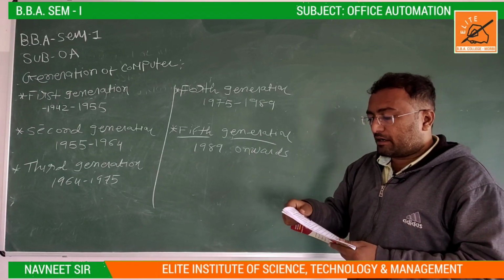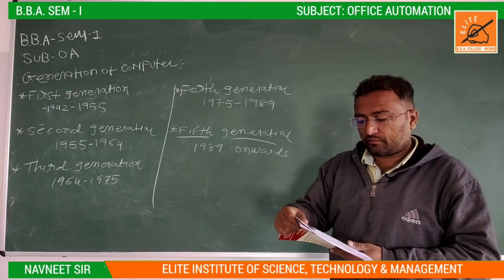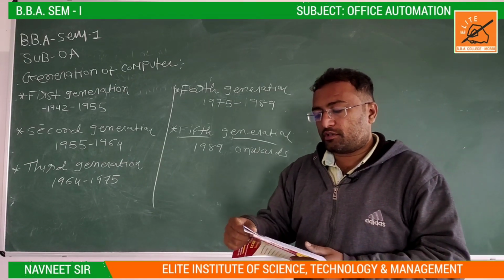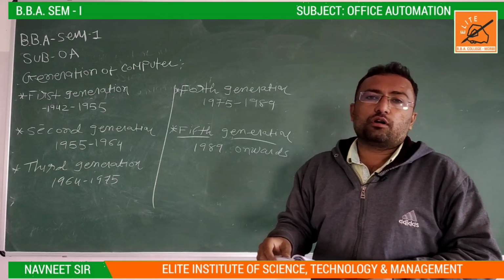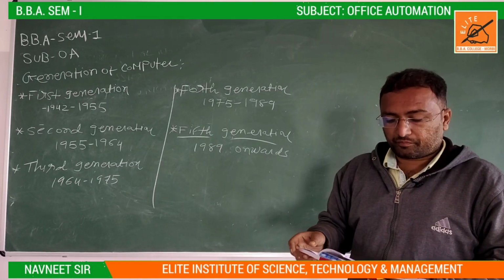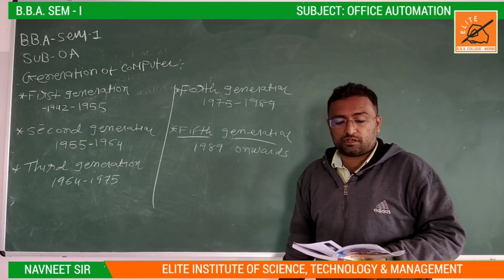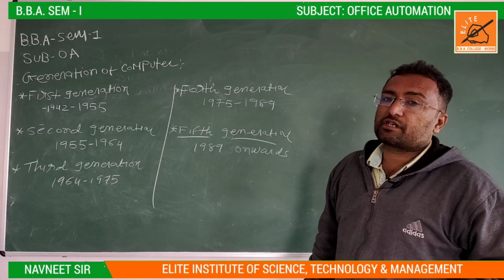Intel Corporation engineer Hoff invented the microprocessor, Intel 4004. It was the world's first microprocessor, smaller than a postage stamp.